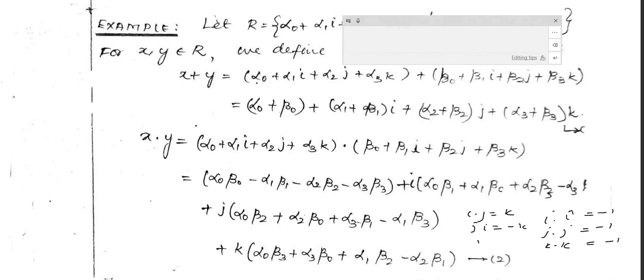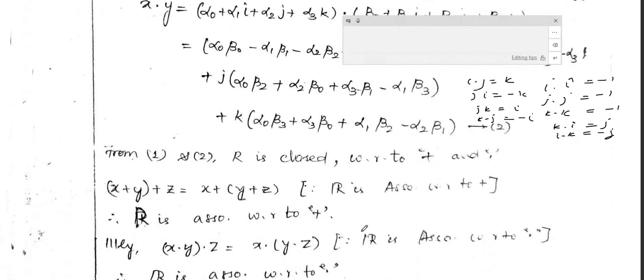And similarly, j dot k is i, but k dot j is minus i. So using this only, we have seen the quaternion group already. So this is the ring of real quaternions, in which we make use of this operation. And k dot i is j, whereas i dot k is minus j. So based on that only we have the product being written in this way.